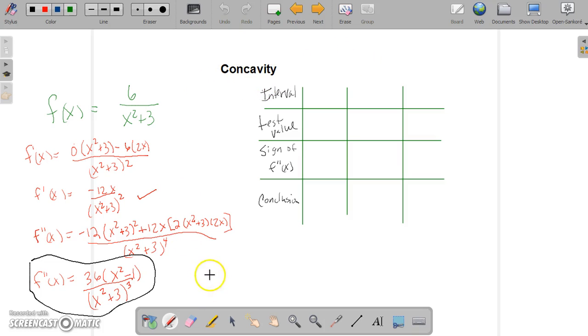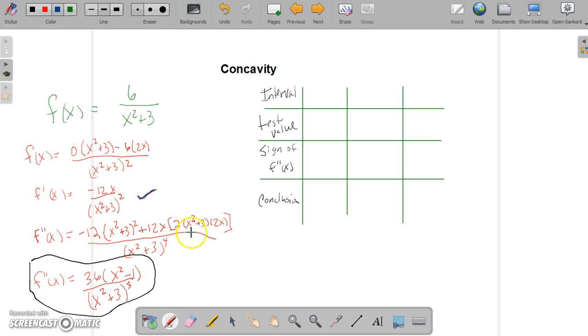So when we're testing for concavity, we need to find the second derivative, which can be kind of a pain sometimes if you have a complicated function. So for this function right here, we'd have to use the quotient rule to find the first derivative, which I did, which is right here. And then we use the quotient rule again to find the second derivative.